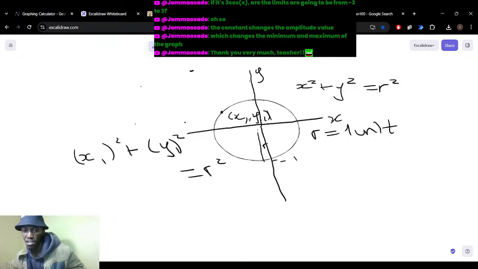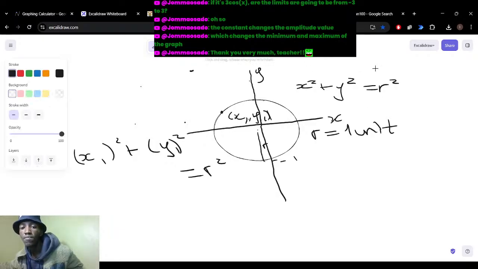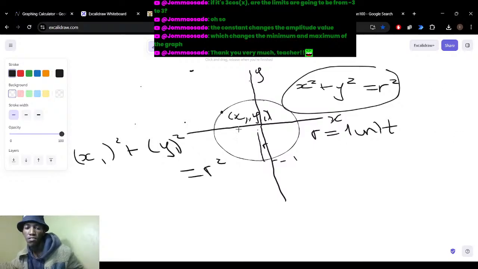Then we said that any point that lies on the circumference of the circle has to respect this fundamental equation. If you take this point here, x1, y1, when you substitute them into this equation, the sum of their squares should equal the square of the radius, right?